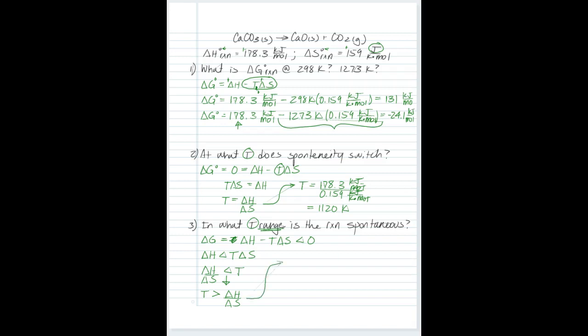So let's do this calculation. That means T is greater than 178.3 kilojoules per mole over 0.159 kilojoules per Kelvin mole. And what you get out of that is T is greater than 1120 K. So just a little bit of a different version of the calculation above it.